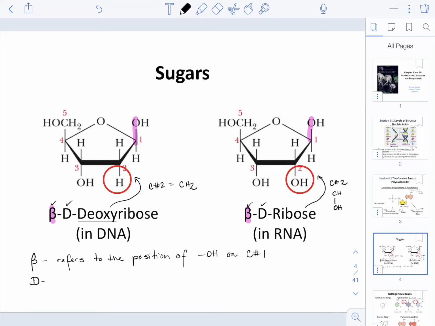The D designation on our sugar motif means that the sugar motif shifts polarized light in an instrument called a polarimeter to the right, or in a dextrorotatory way. That's where the designation D comes from.